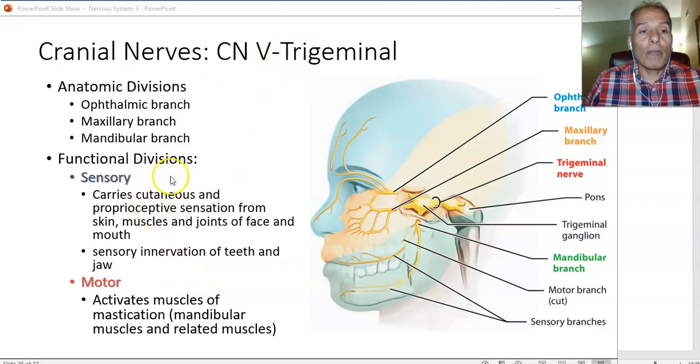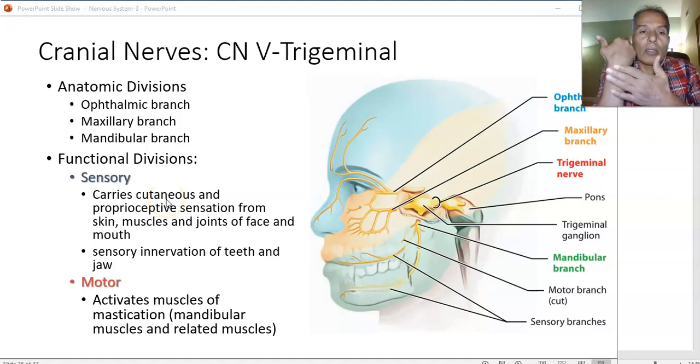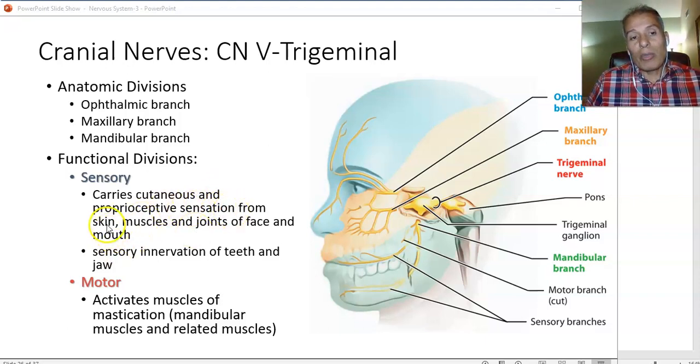So this nerve has sensory functions and motor functions, trigeminal, and the sensory functions carry information. Cutaneous means from the surface of the skin. Cutaneous and proprioceptive sensation from the skin, muscles, and the joints of the face and the mouth. So that the sensory branches of that.